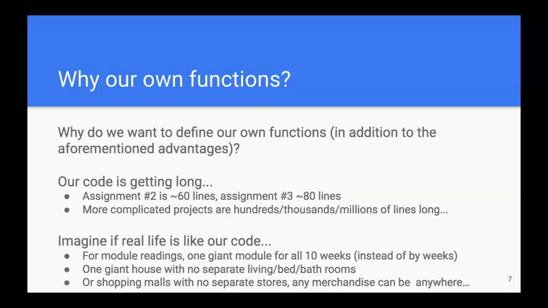Here's a real life analogy for if we don't have any other way of organizing our code. Imagine in our module readings, instead of topics broken down into weeks, we have just one giant module with, I don't know, 120 topics for all 10 or 12 weeks.